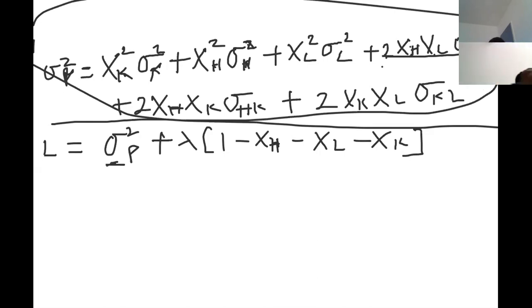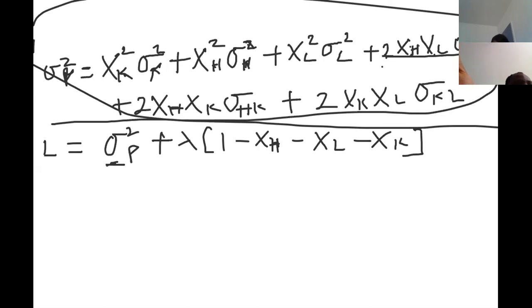This is a quick question: if xh plus xl plus xk is 1, and we subtract all of this from 1, how does it work? It is just like in microeconomics, where you have your utility function and your income, and you maximize your utility subject to a certain budget constraint.